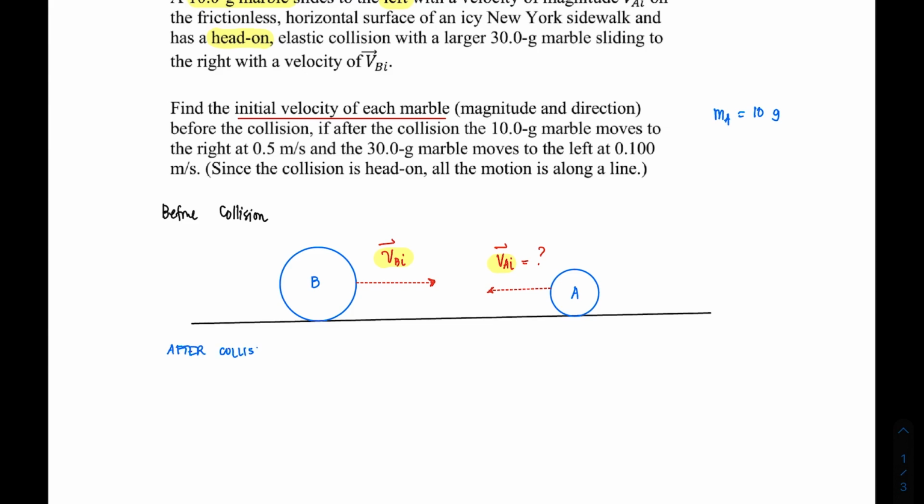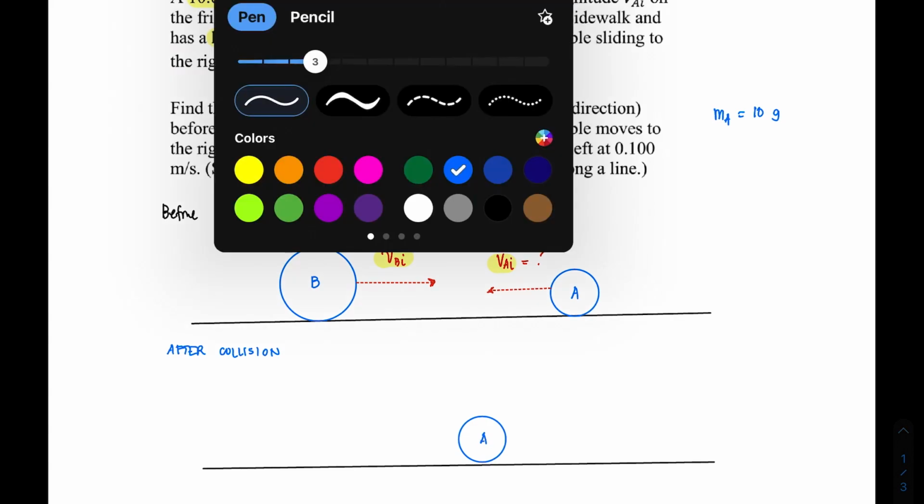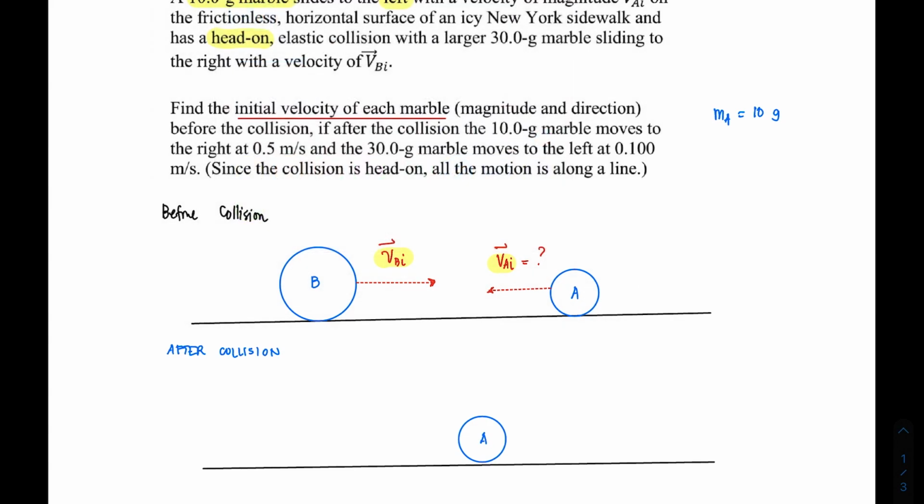There are cases that a sketch would be very helpful, like a sketch after the collision, which is this problem. Now it's very clear here that after the collision, the 10-gram marble, so this one over here, the sizes are not really the same as above, but I'm just going to label it as A, and the other one is B.